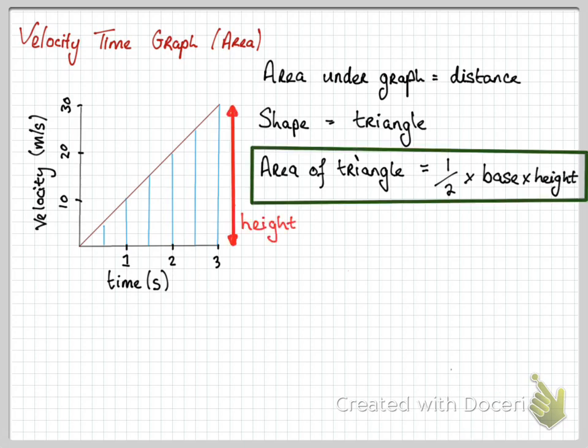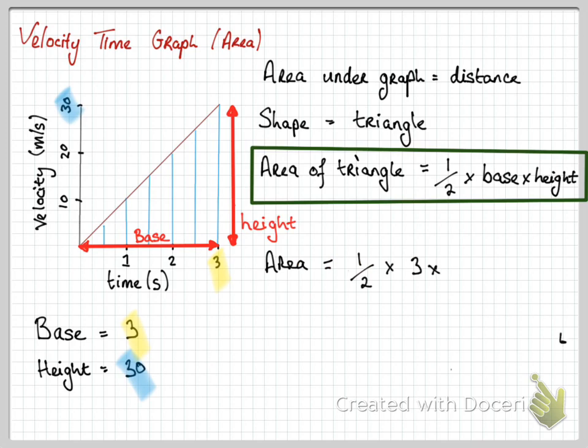The height is indicated as shown, and the base as indicated in the diagram. So the base is equal to 3, the height is equal to 30. We substitute this into our formula and you get 45 meters as the distance travelled by the car.